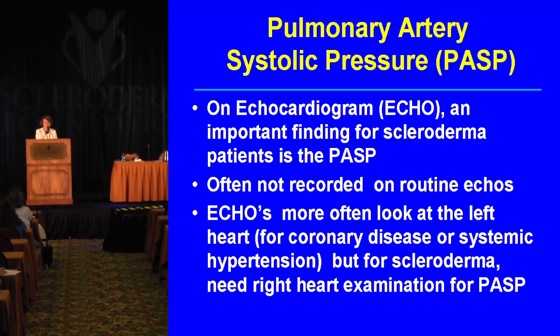And they don't even look at the right side of the heart because they don't care about that part of it. But for a scleroderma patient, particularly one that we're looking for pulmonary arterial hypertension, that's one of the most important things. And so your doctor has to actually, in many circumstances, specifically ask the cardiologist to tell him what the pulmonary artery systolic pressure is. And so that has been a problem for us.